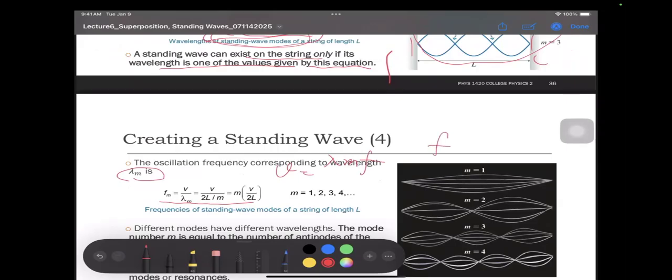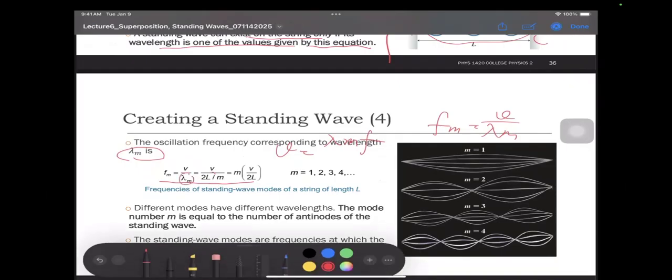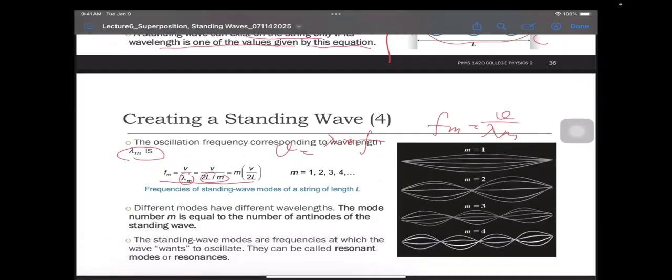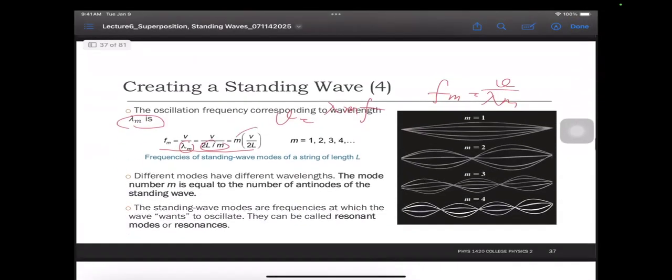So f_m equals v divided by lambda_m. We already talked about this in the last class, the traveling wave on a string. Then we just replace lambda_m with 2L divided by m for a standing wave, and we got this equation.